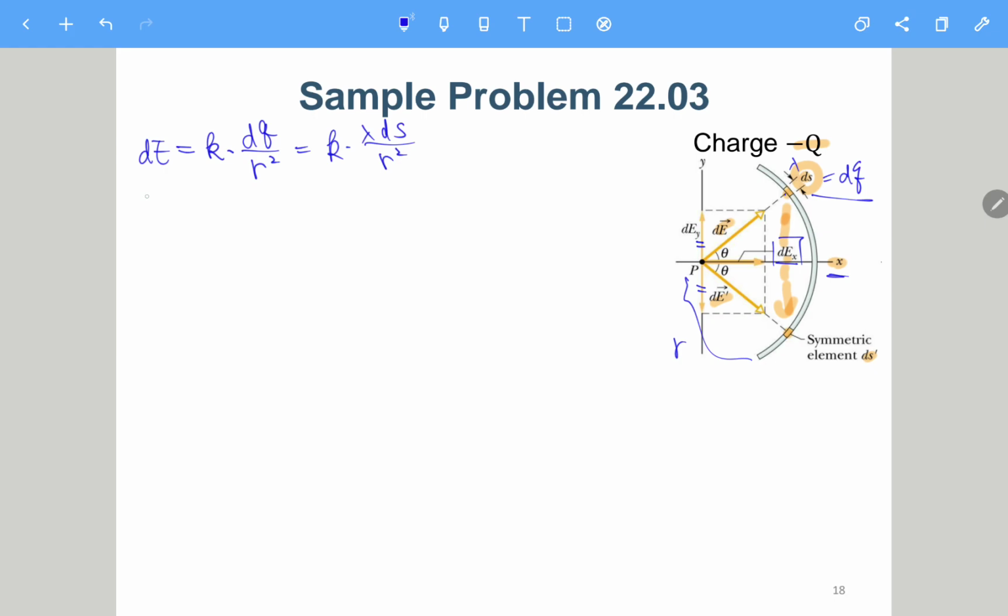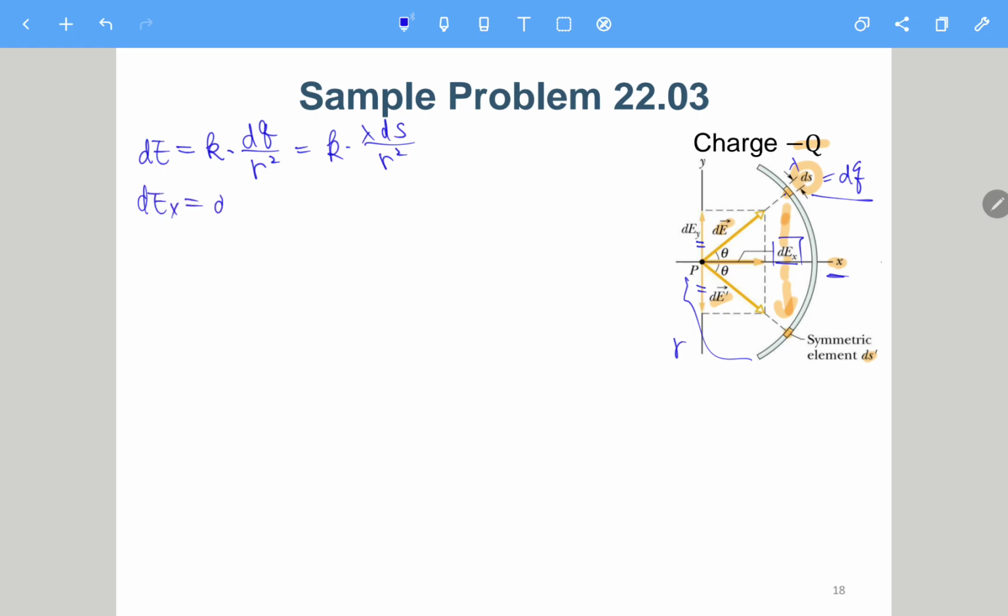Next, we consider the x-axis component because, as we just discussed, the y-axis component dEy will perfectly cancel, so we only need to consider dEx.